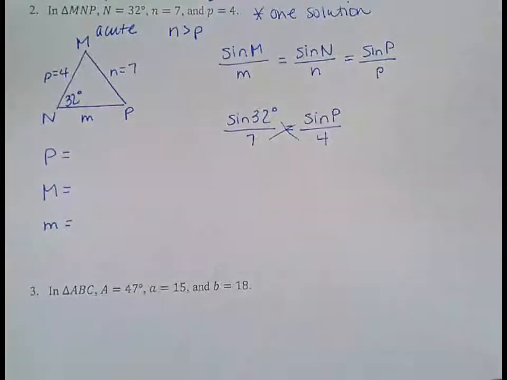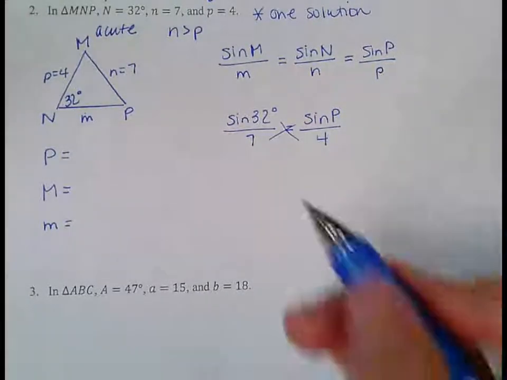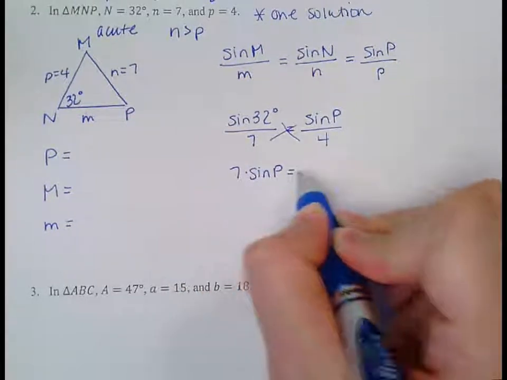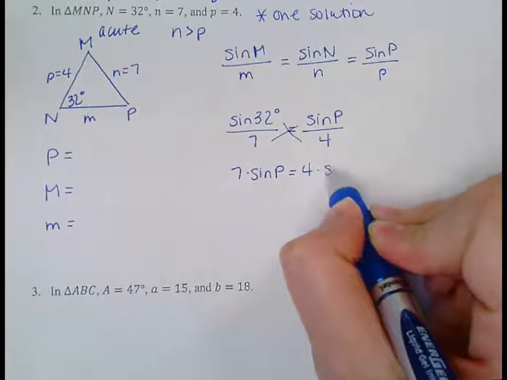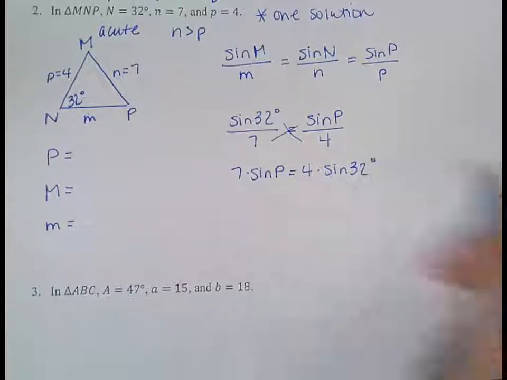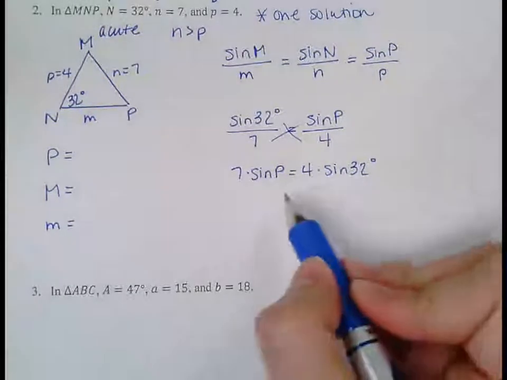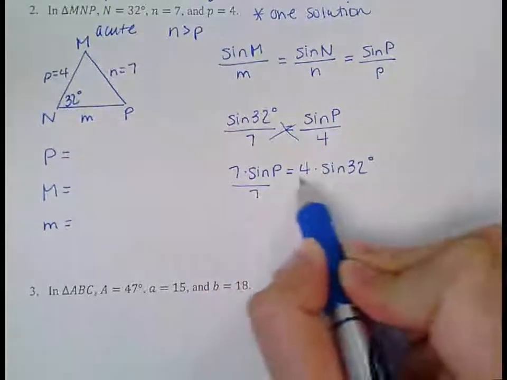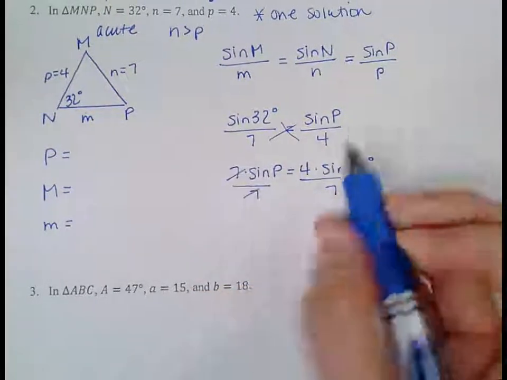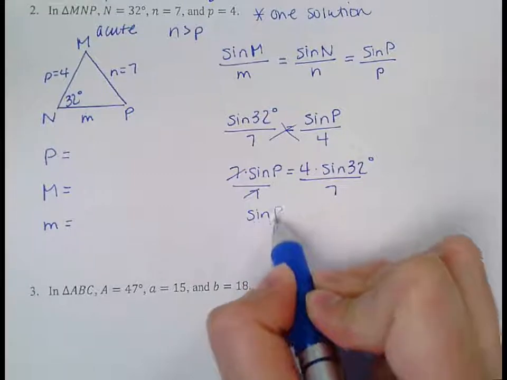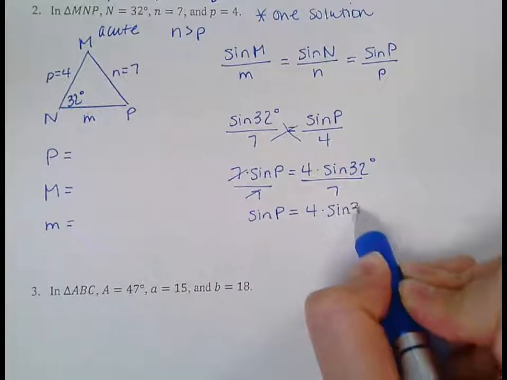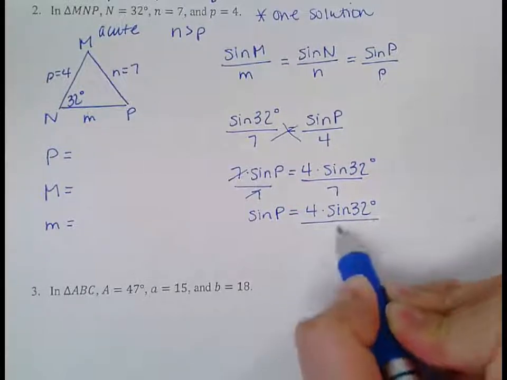So set the cross products equal to one another. So 7 times sine of P is equal to 4 times sine of 32 degrees. And then trying to solve for P, divide each side by 7. So sine of angle P is equal to 4 times sine of 32 degrees divided by 7.